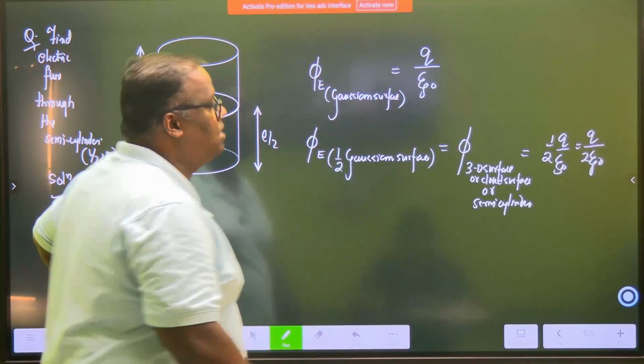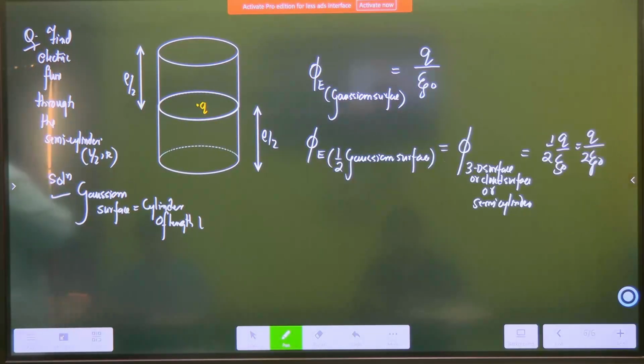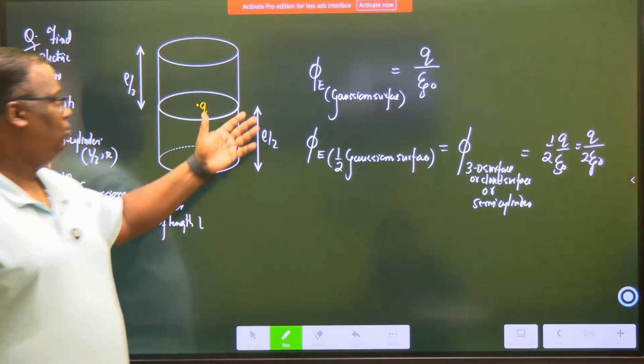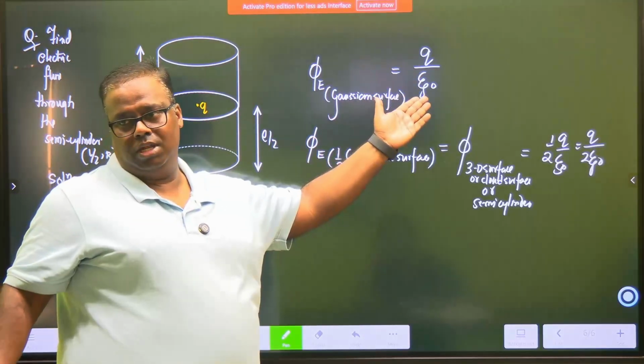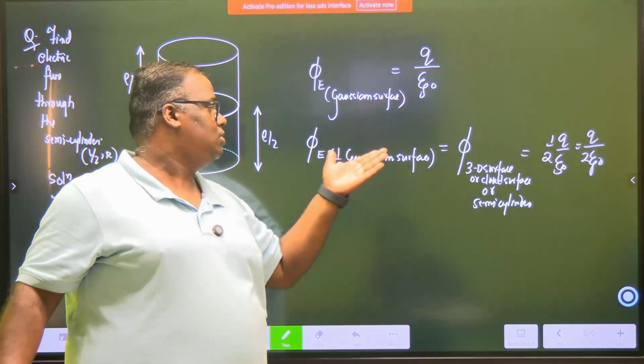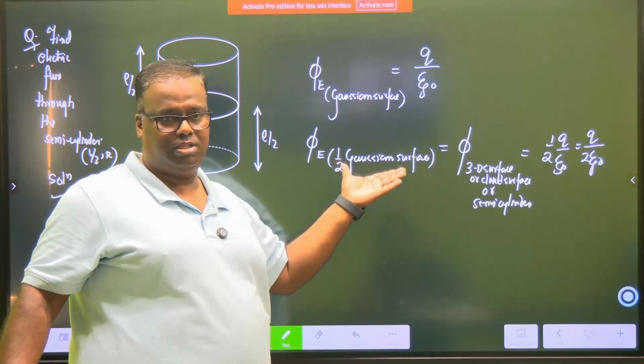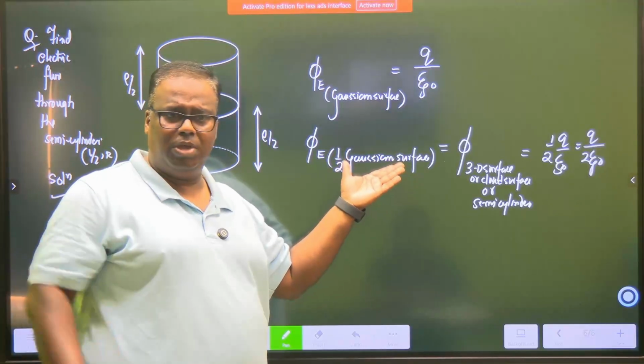This addresses the symmetry portion. Children, did you understand? For the Gaussian surface, it will be Q by epsilon naught. So for half the Gaussian surface, it is half Q by epsilon naught.